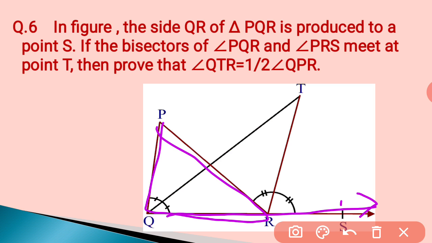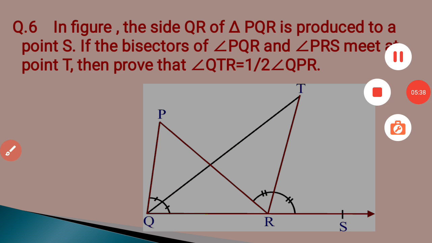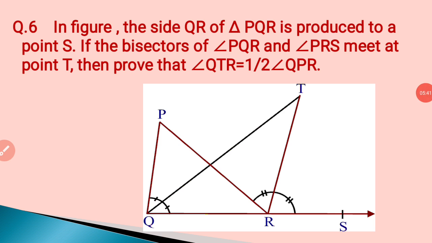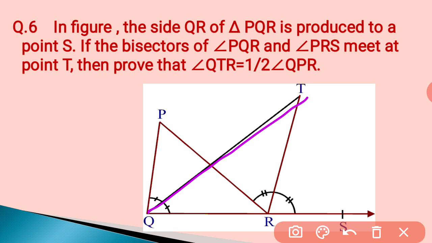Now the bisectors of the angle PQR, in the question we are told that if the bisectors of angle PQR and PRS meet at a point T. Now here QT is the bisector of angle PQR and RT is the bisector of angle PRS.